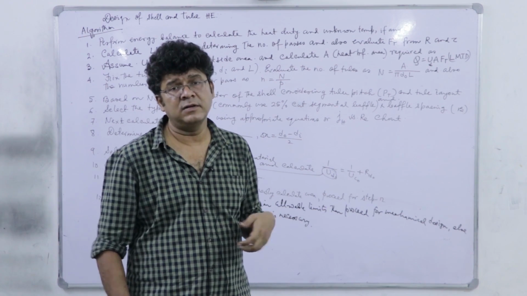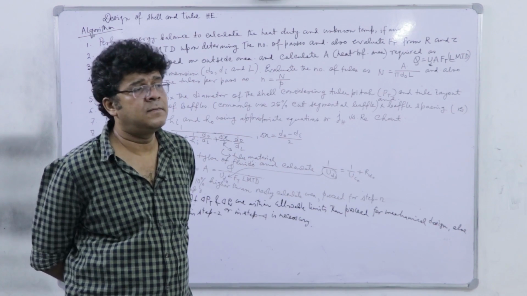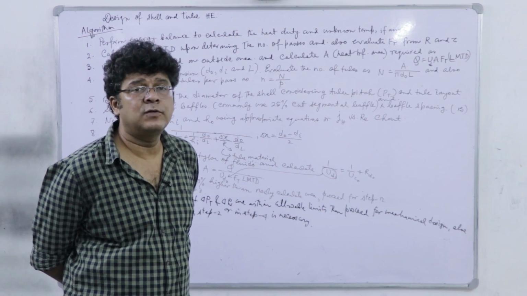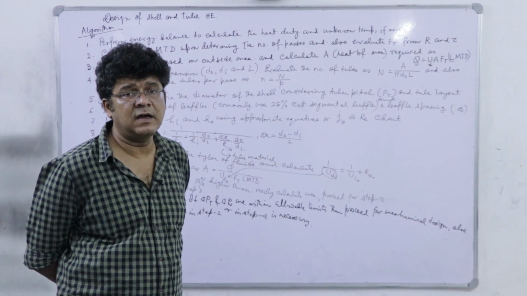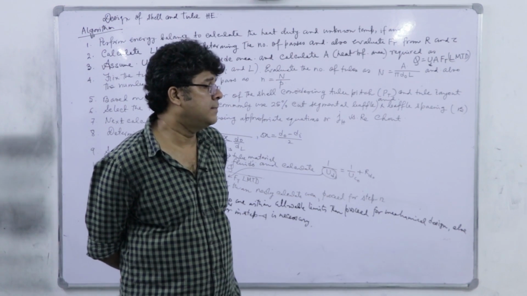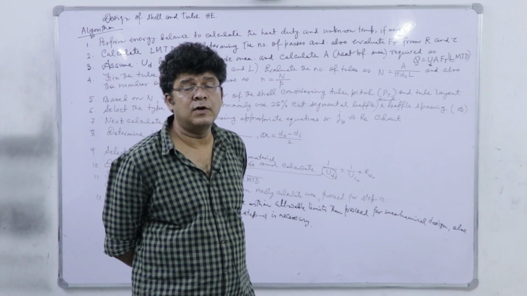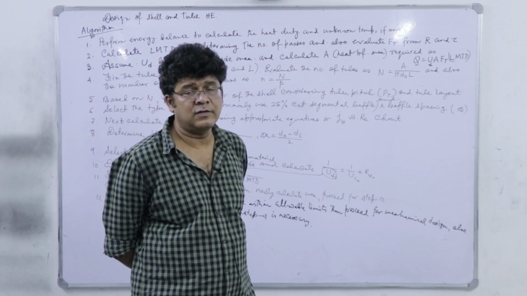And we will start with a 1-1 exchanger if you don't have any baseline experience in designing heat exchangers. If it fails, then we will go for 1-2, then 2-4, etc.